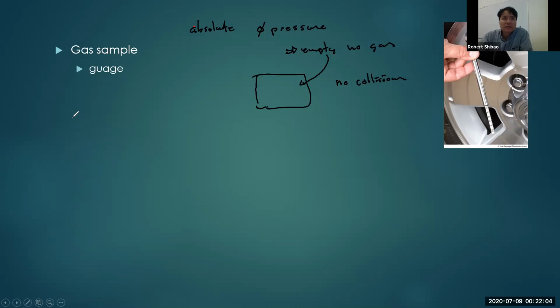However, when we're dealing with gauge, and we see we have zero pressure on the gauge, it's not empty. When we have zero pressure on the gauge, it just means that this.